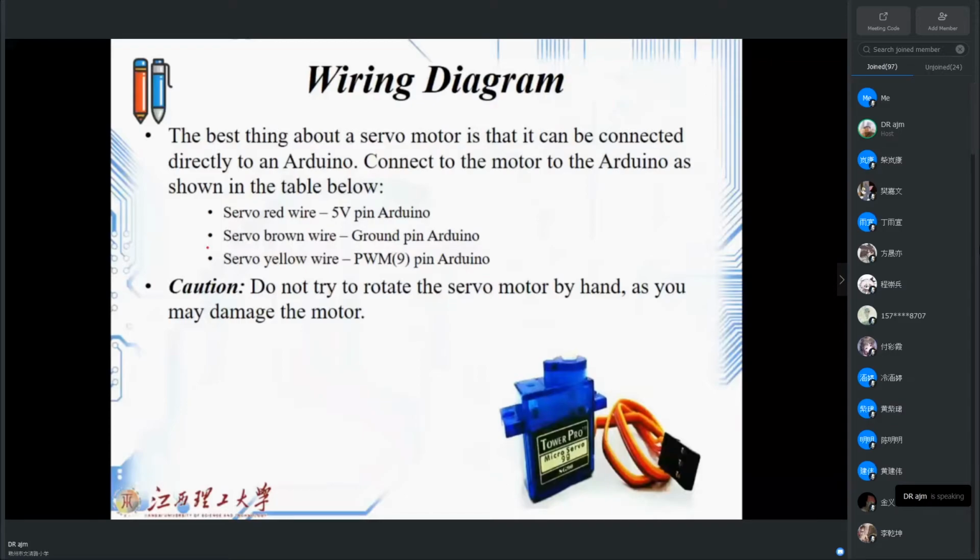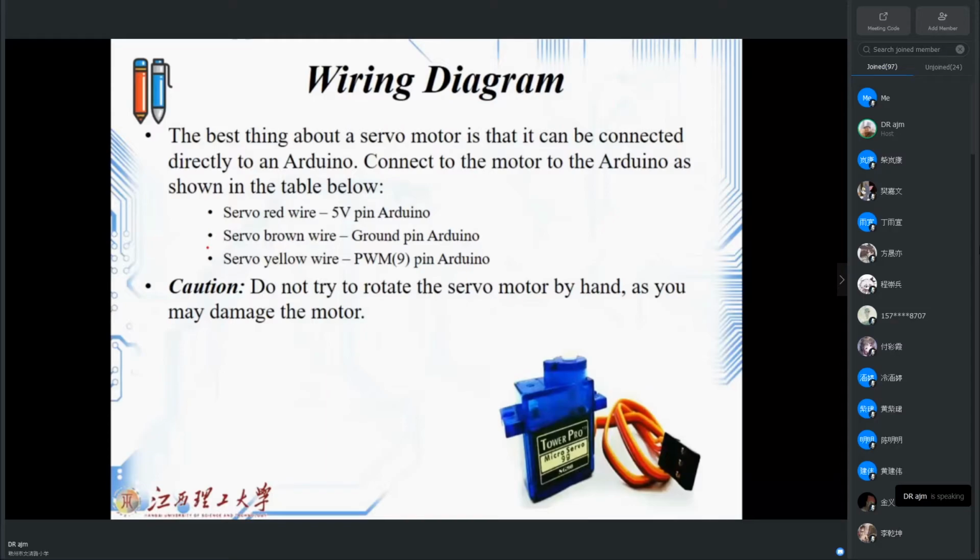Then the best thing about servo is that it can connect directly to the Arduino, and we don't need any driver. Okay. Then now we will see some good things. Suppose in the term of DC motor or a stepper motor, that tomorrow I will teach you, here we don't need any driver, and you can directly connect your motor to the board.